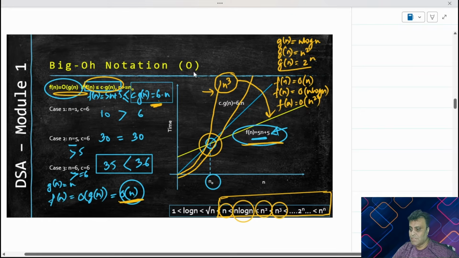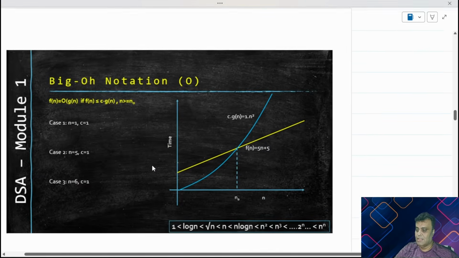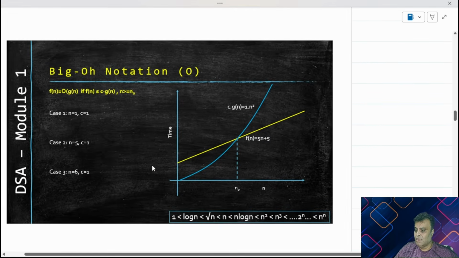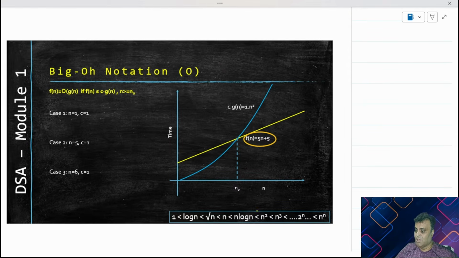Now let us move to the next part, where I said I will prove to you that while we have n as the upper bound of 5n plus 5 from our previous example, n square is also an upper bound of this function. Then it will be much clearer to you. So if I start from here, my Fn is actually 5n plus 5, the same polynomial.